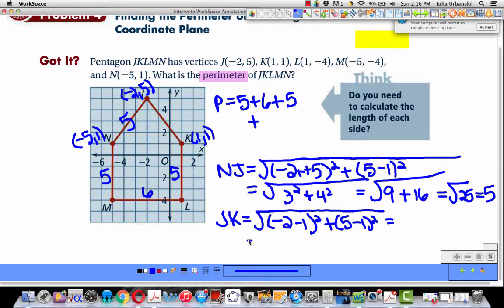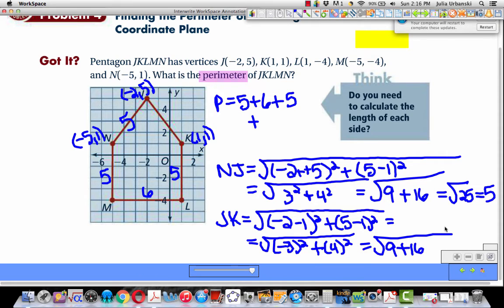And that's going to equal, again, inside here we have -3 this time, but still when you square -3, you'll get +9. And here it's 5 minus 1 is 4 squared. So we have the square root of 9 plus 16, which is still going to equal the square root of 25, which is going to equal 5. So they both come out the same. That's not always going to be the case, but sometimes you can tell when it's isosceles.